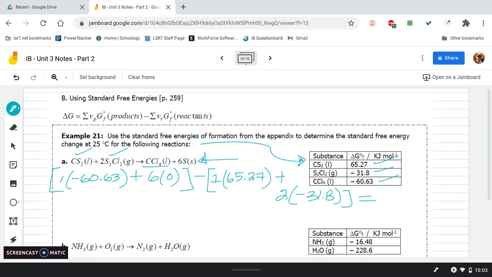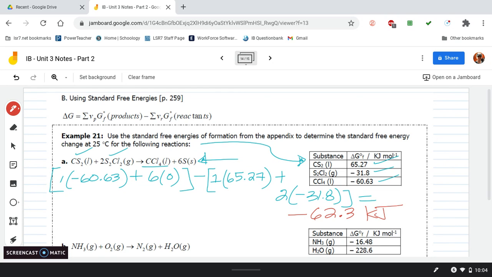Make sure your order of operations are in good shape. Once again, using your parentheses is really important. And so the answer I got is negative 62.3, and we can use kilojoules for that.